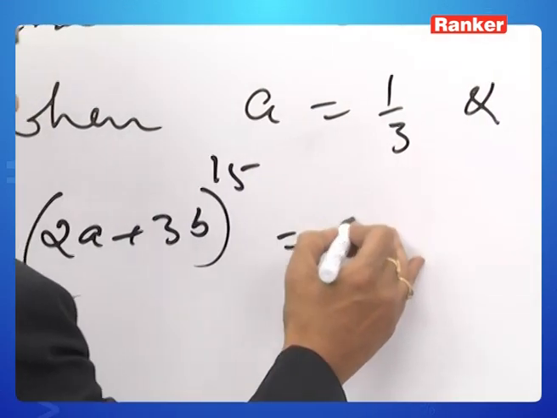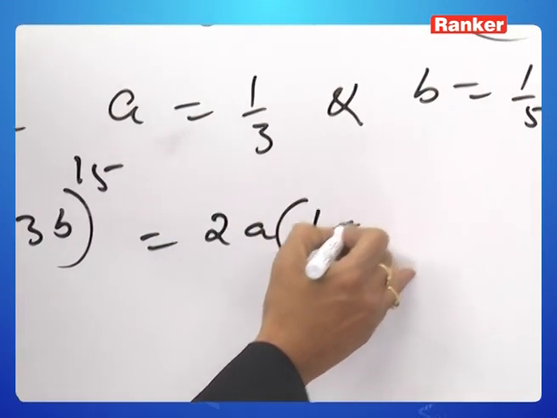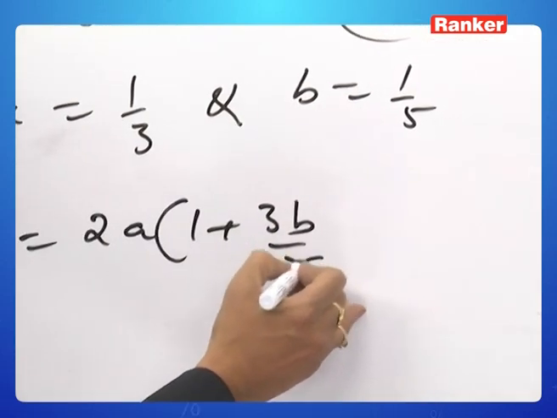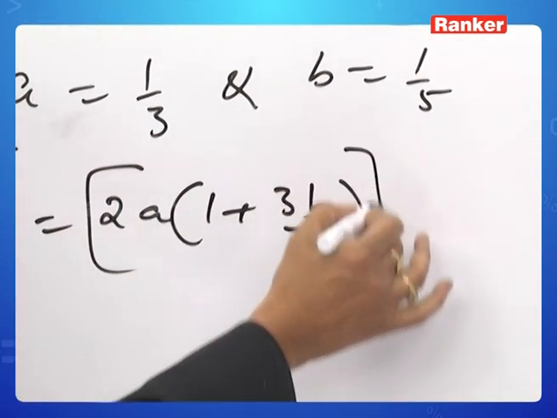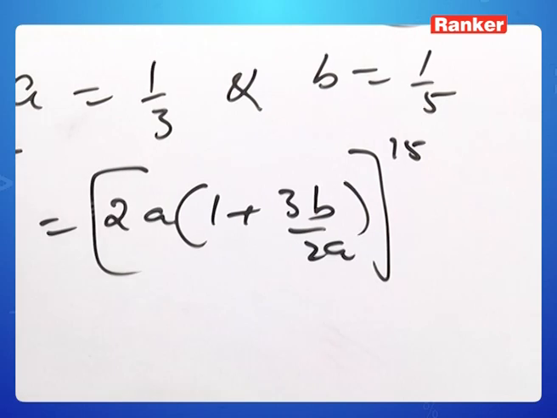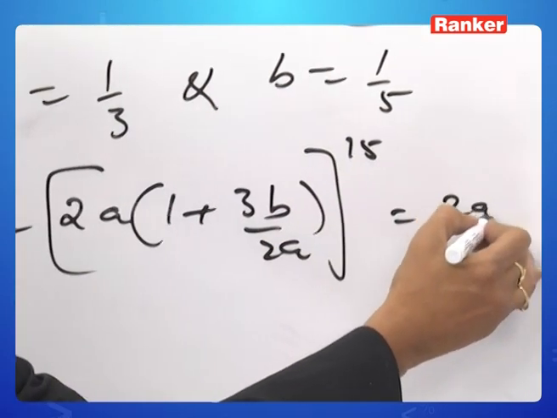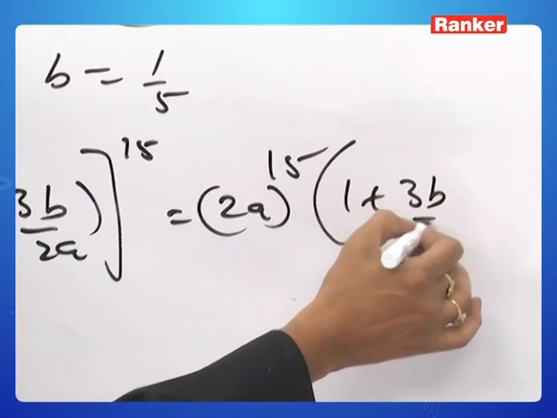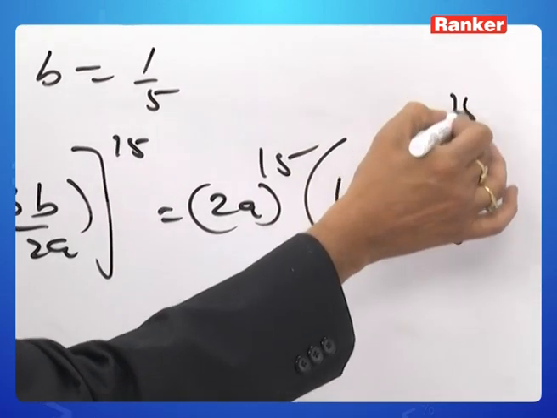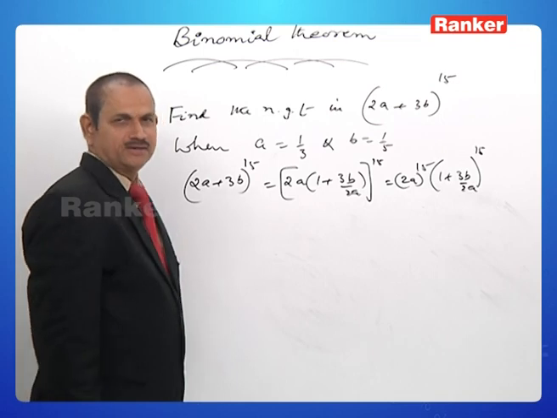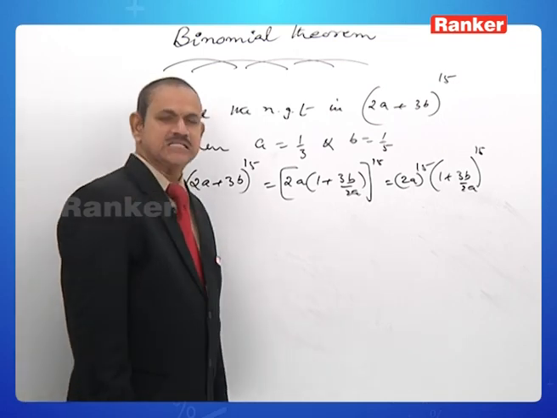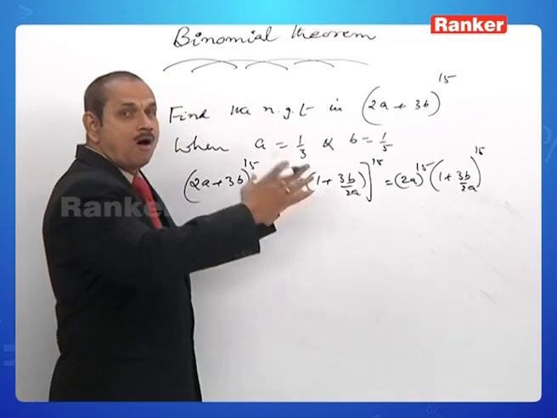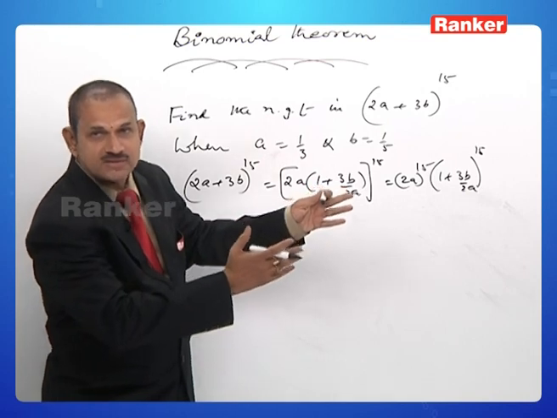This can again be taken as 2a into (1 plus 3b by 2a) whole to the power of 15, and hence it is (2a) whole to the power of 15 into (1 plus 3b by 2a) whole to the power of 15. Well, my dear, you might have recognized that expansion on which we may have to concentrate.